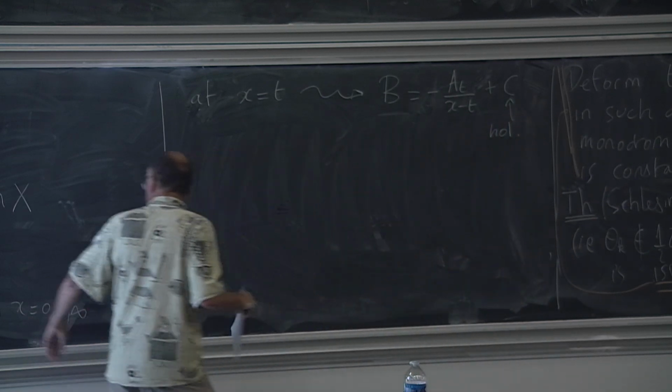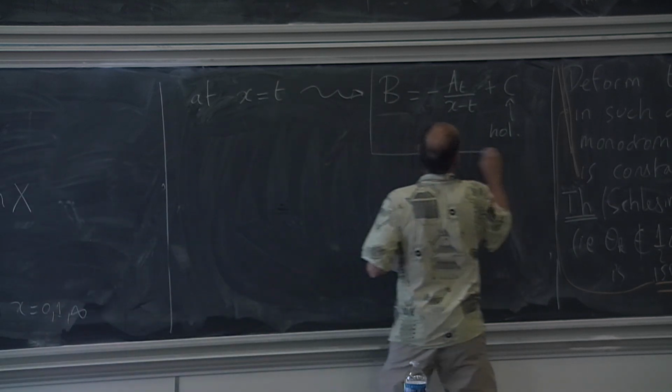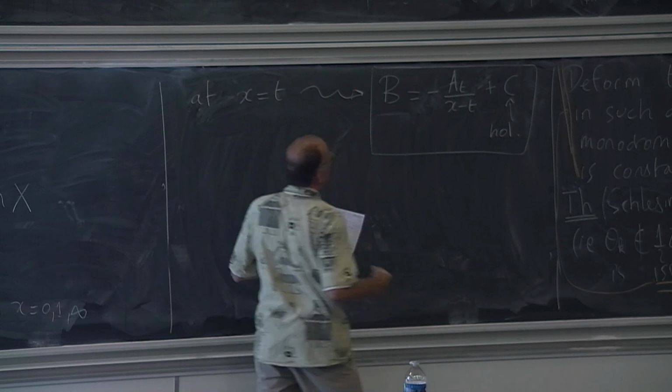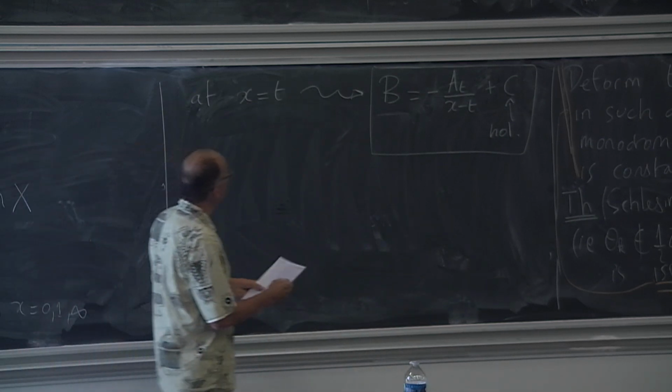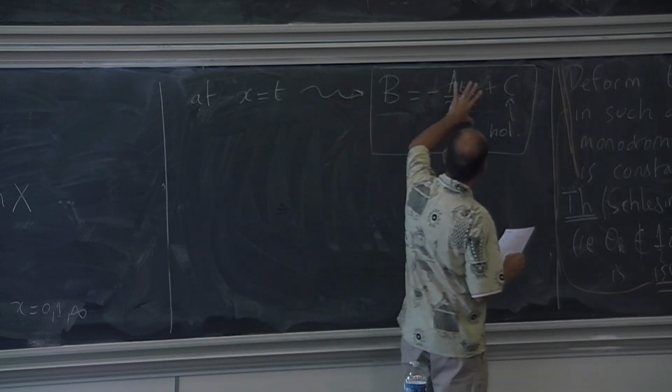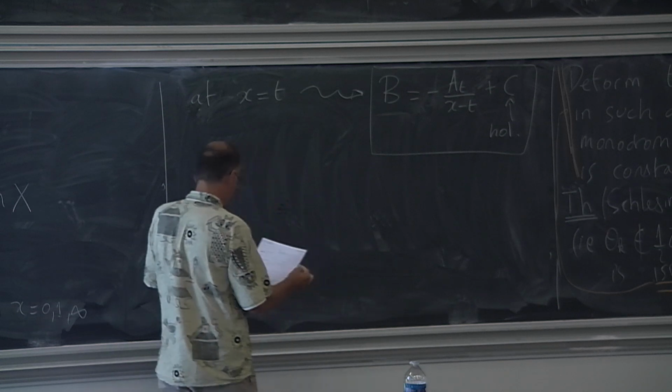So actually, as there is no other pole, this will be the global decomposition of B. This is the only polar part, and you have something which is holomorphic.